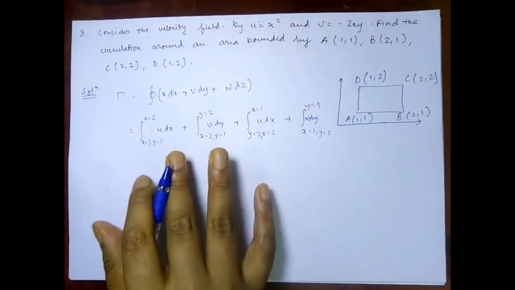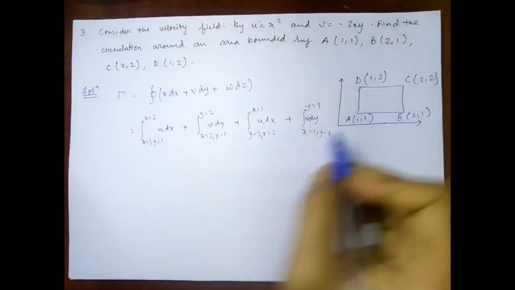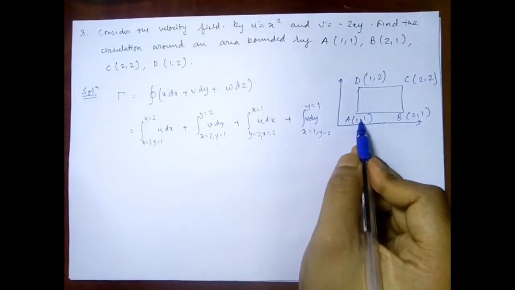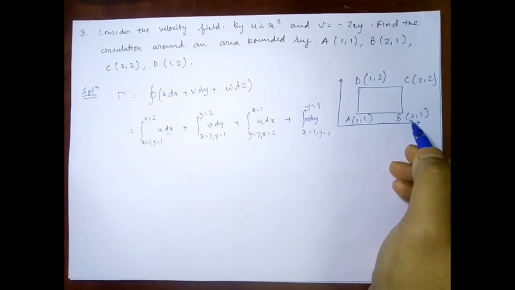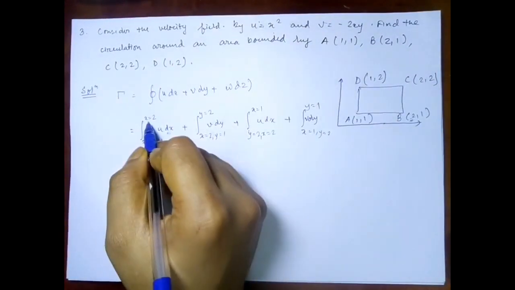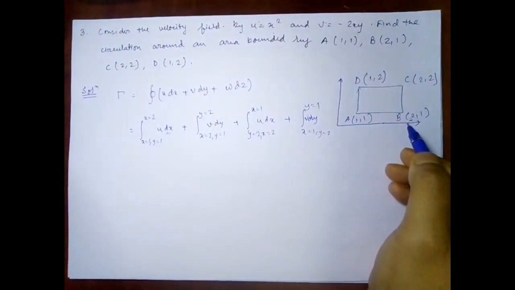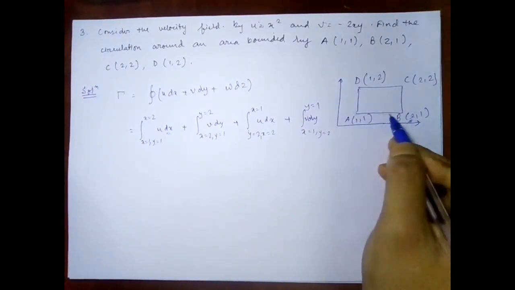So I have defined the limits from x equal to 1 to 2, since this is dx, it will be up to the higher limit of the x value in the next part, that is b.